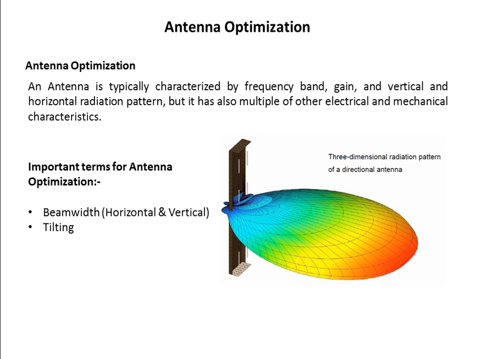Usually in a standard network, the location of the site is fixed and the orientation grid is also kept fixed for many networks, so in that case we would not be able to change the azimuth. However, if that is allowed, that could be one of the other aspects of doing antenna optimization and antenna tuning within our network.